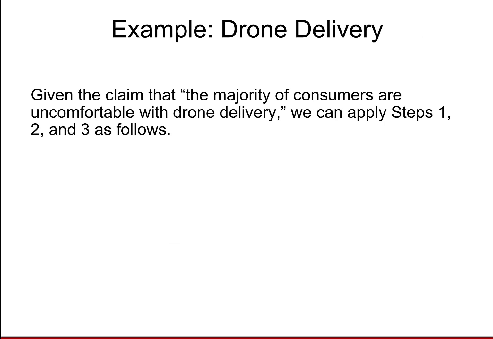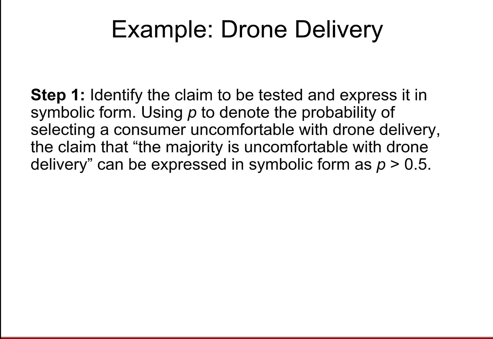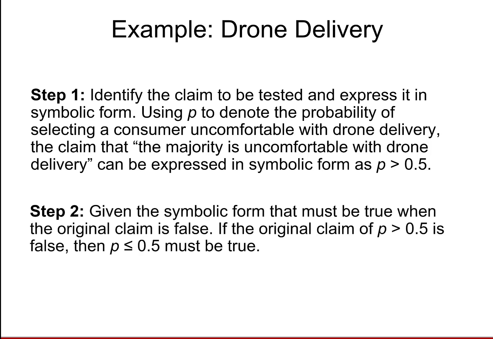So returning to the drone delivery, given the claim that the majority of customers are uncomfortable with drone delivery, we can apply steps 1, 2, and 3. Step 1 is identify the claim to be tested and express it symbolically, and we'd already done that. The majority is uncomfortable with drone delivery can be expressed symbolically as P greater than 0.5. Step 2 is give the symbolic form that must be true when the original claim is false.